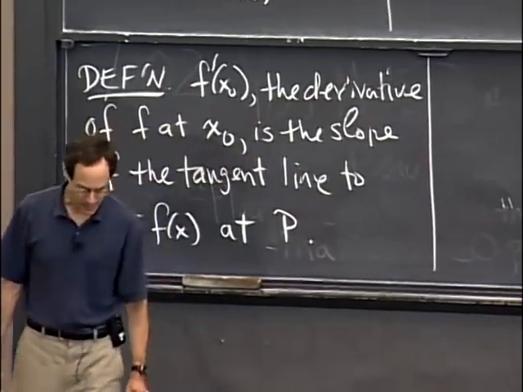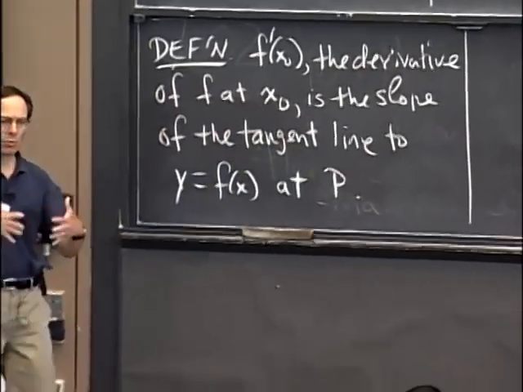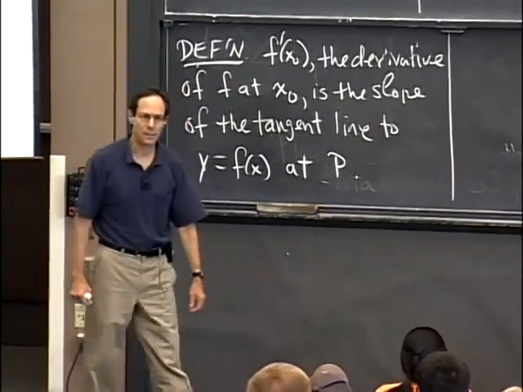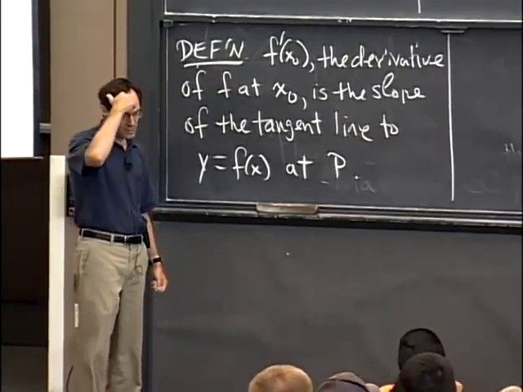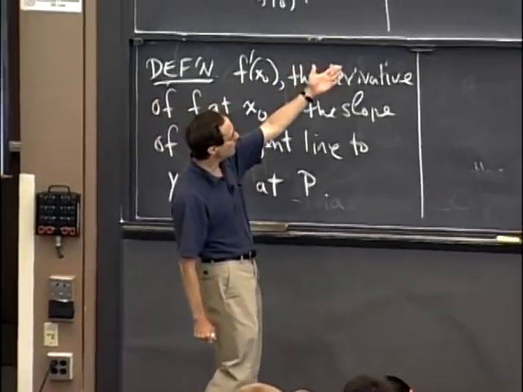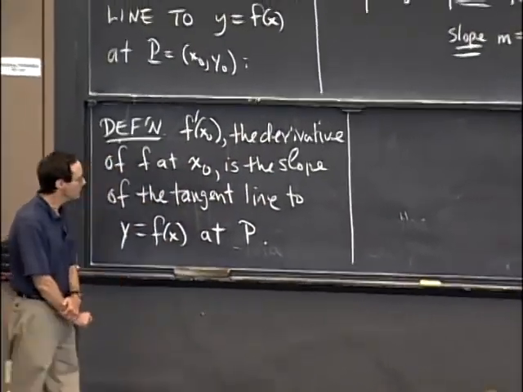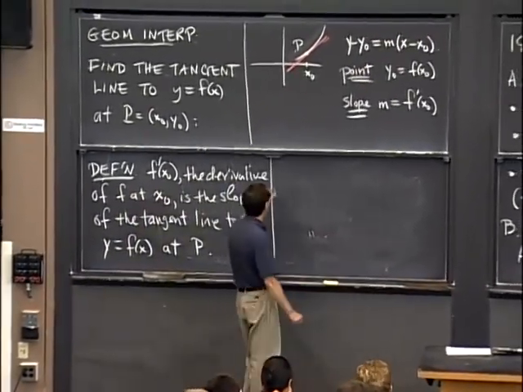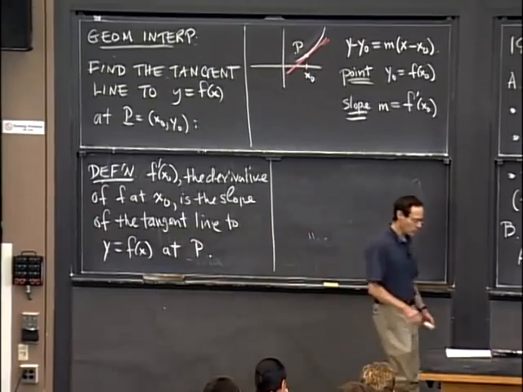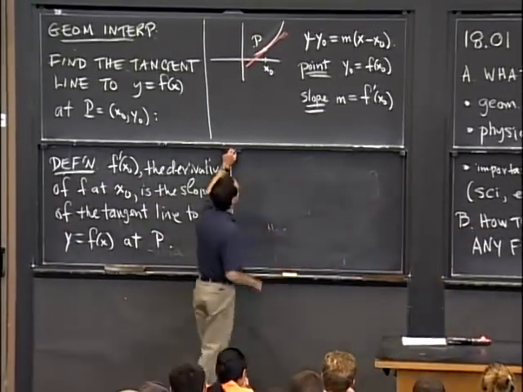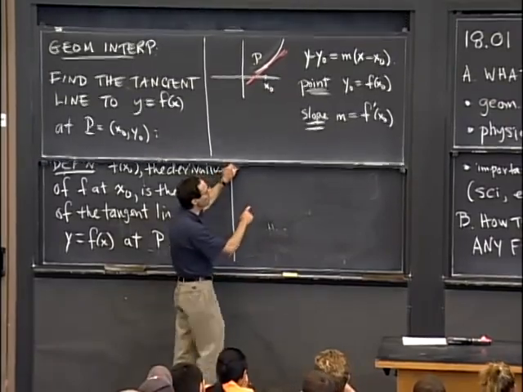So that's what it is, but still I haven't made any progress in figuring out any better how I drew that line. So I have to say something that's more concrete because I want to be able to cook up what these numbers are. I have to figure out what this number m is. And one way of thinking about that, let me just try it, is, so I certainly am taking for granted that in the non-calculus part I know what a line through a point is.